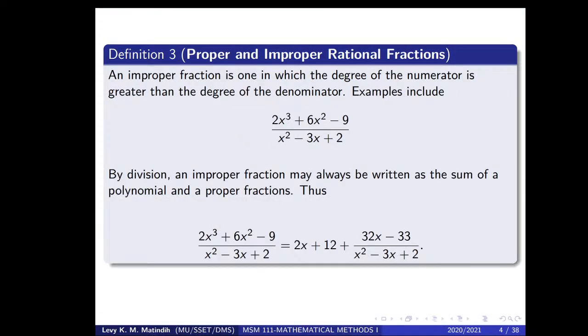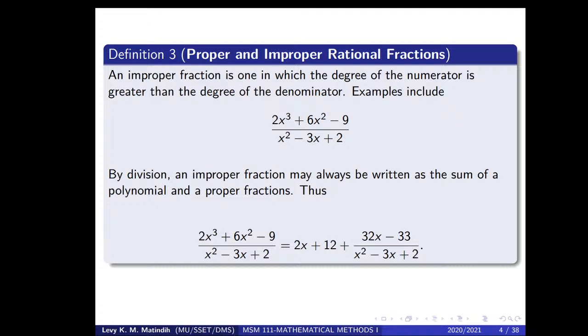If the highest degree of the numerator is greater than the highest degree of the denominator, then we call them improper rational fractions. Like in this scenario, the degree of the numerator is 3 and the highest degree of the denominator is 2. So these are examples of improper rational fractions.